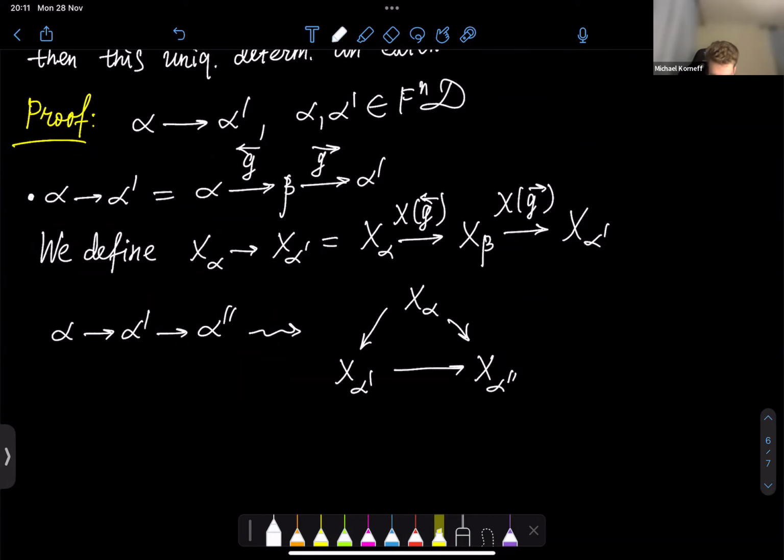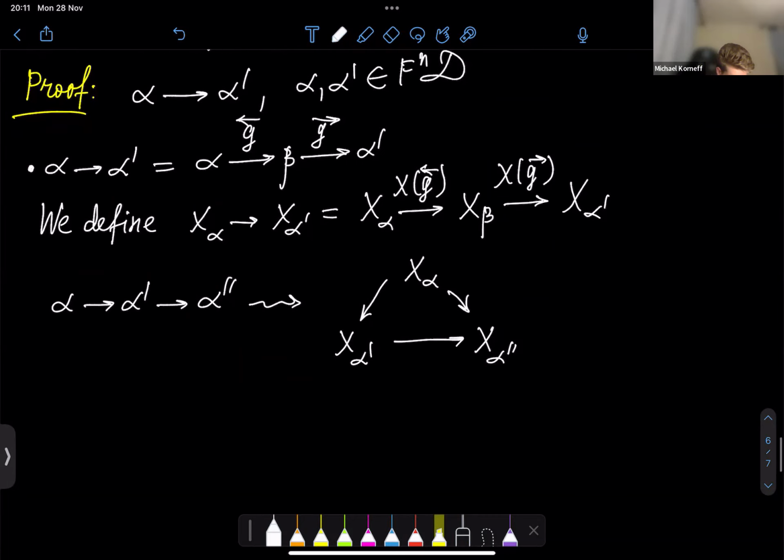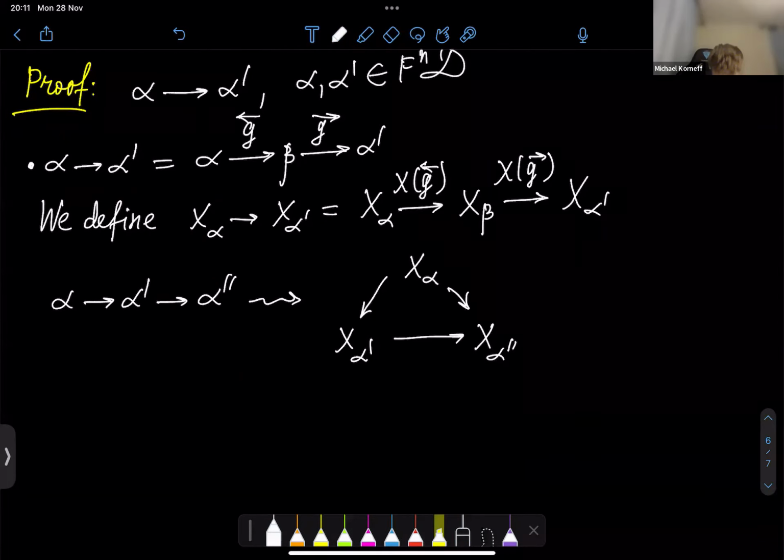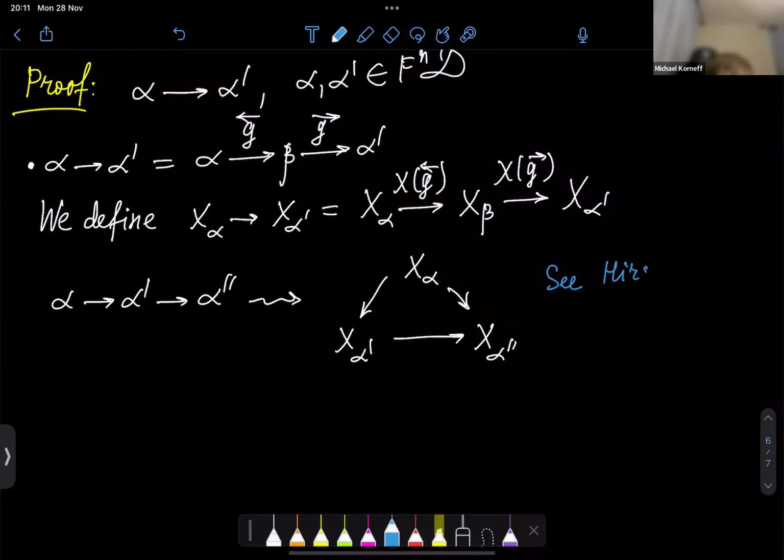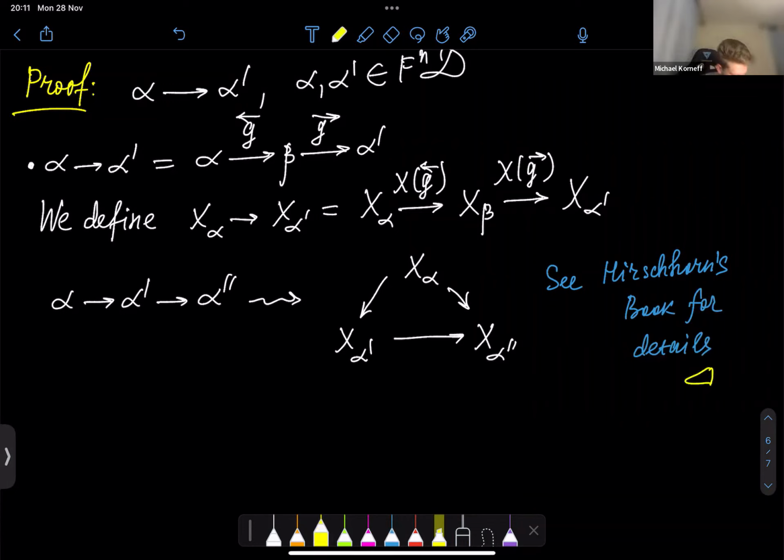But you can see the details in Hirschhorn's book. It's very boring, and I decided not to go into it.